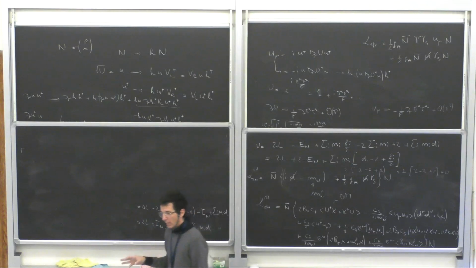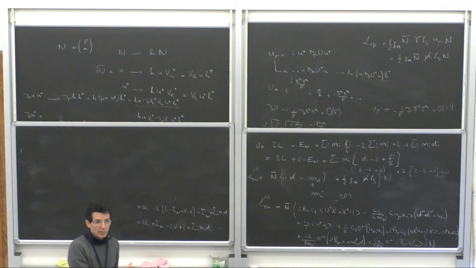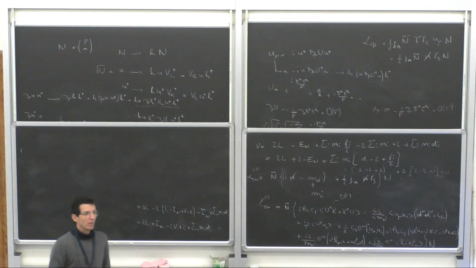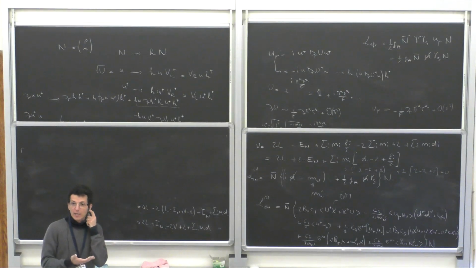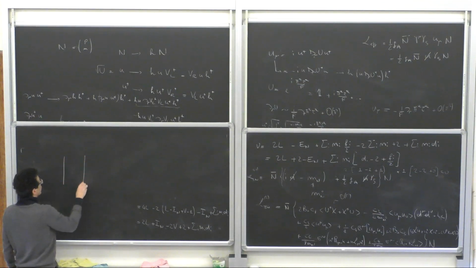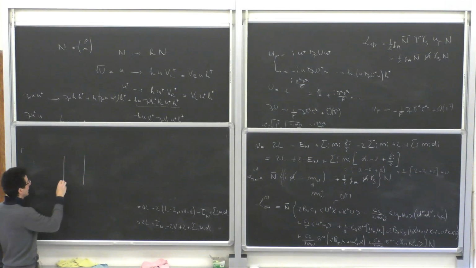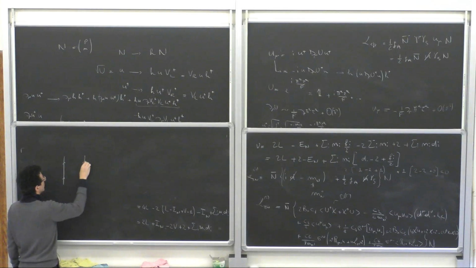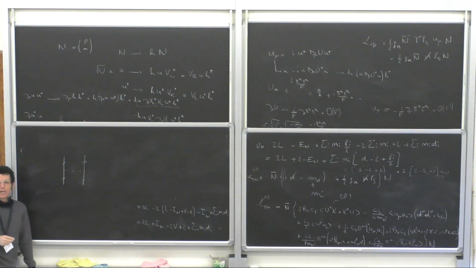We can use the information from one sector and transfer it to the other sector, because there is no point in starting directly with the 2 nucleon sector. In the 2 nucleon sector, when, for instance, we have 2 nucleon lines like that interact through the exchange of a pion, this is the Yukawa potential, okay.